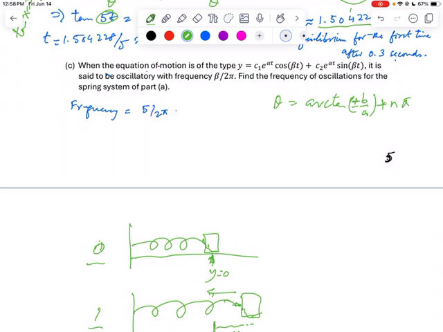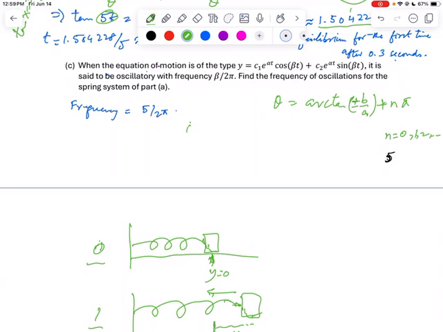The first time it passes through the equilibrium position, n is 0. So when we are talking about time, n can only have values 0, 1, 2, and so on. When n is 0, that is the first time it will pass through its equilibrium position. N equal to 1 means the second time, n equal to 2 means the third time, and so on.